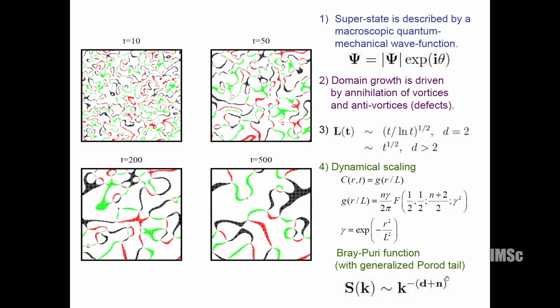Okay. So, let us start with this first bulleted point. The superstate is described by a quantum mechanical wave function. As we know, that has an amplitude. The amplitude is not very important, and we have a phase angle e raised to power i theta. In the Ginzburg-Landau theory of superconductivity, in the normal phase theta is incoherent.